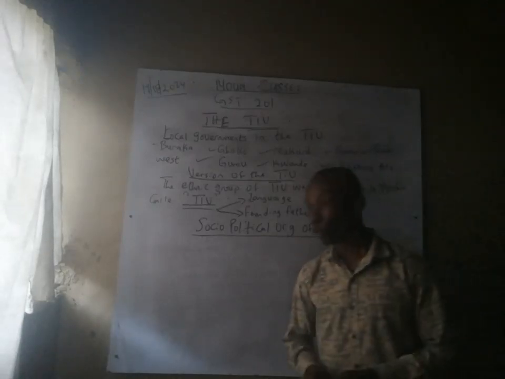So Paul Bohannan describes the social political organization as unique, being a classic example of a decentralized system of government.